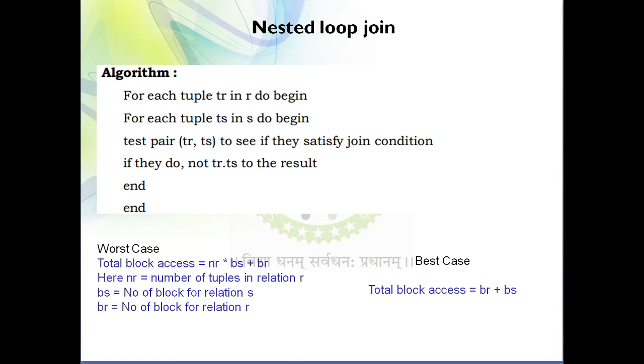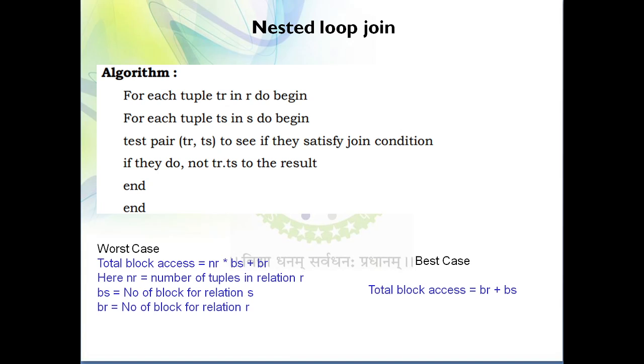So I already explained what is the use of a block. Actually your data is stored in hard disks in the form of blocks, and each block has a different capacity. Suppose you need to calculate how many blocks there are. What you need to do is divide the total number of rows by the capacity of one block.